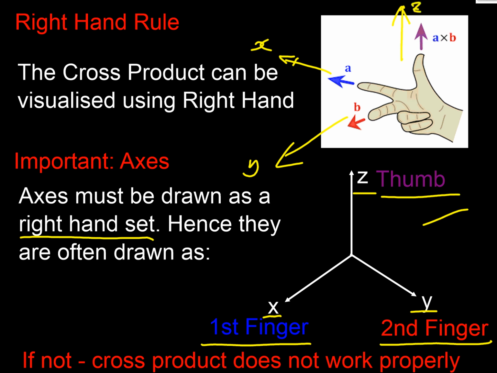So this is why you often see the axes drawn in this way round, in that view, effectively going round sort of anti-clockwise, yeah? X to Y to Z. And that's all because we have to have a right hand set. If we don't, the cross product doesn't work properly. Yeah, so if you use the left hand, it doesn't work properly. And this is an important piece of maths we're going to use all the way through.